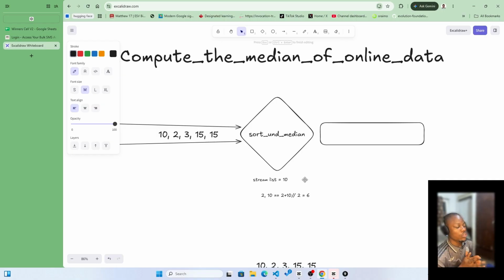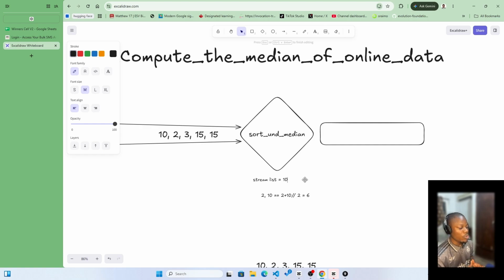So today we are going to be getting into the graphical illustration of the computing of the median of online or streaming data, right? We are going to see some of the gray areas around our code explanation from yesterday.